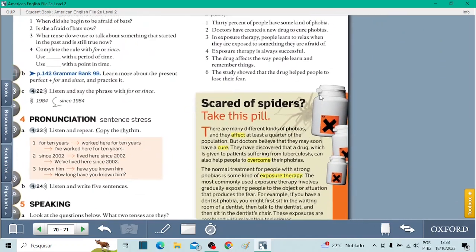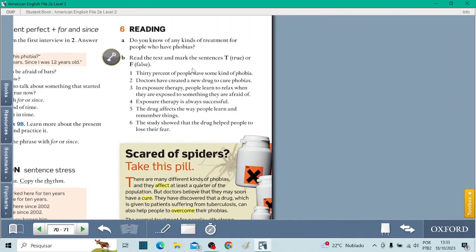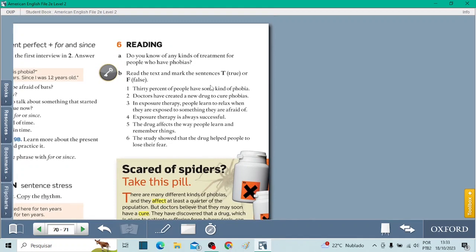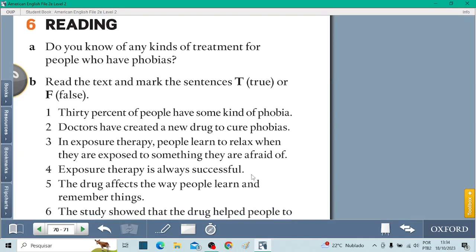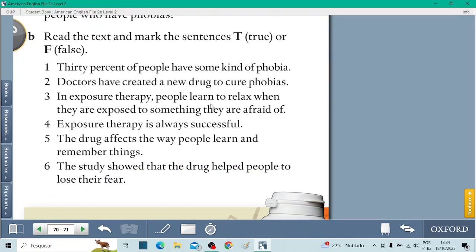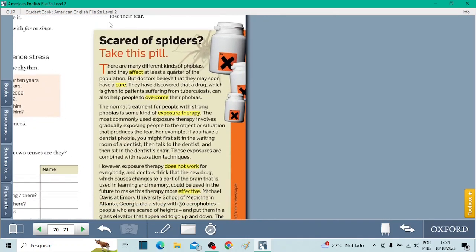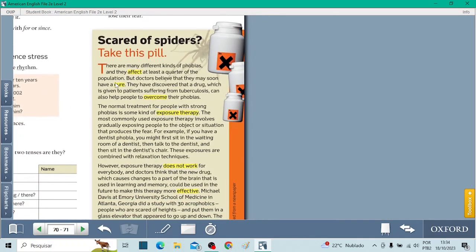Now, moving on to the next practice here in reading, we have this activity. Do you know of any kinds of treatment for people who have phobias? Yes, no. B. Read the text and mark the sentences true or false. So here now, we are going to read this text here about scared of spiders.